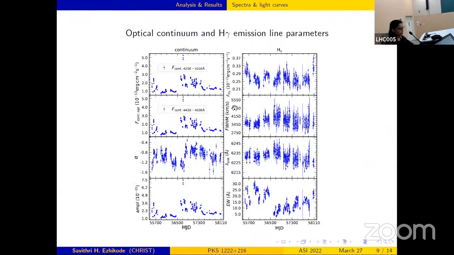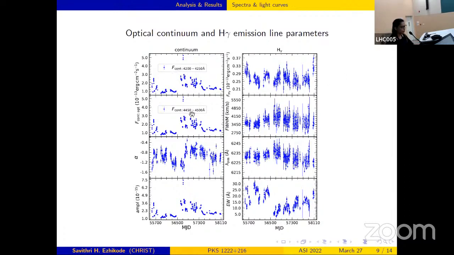And this is the light curve showing the best fit parameters for various spectra. The left panel shows the flux and parameters for the optical continuum that is obtained from the power law model, and the right panel shows the H gamma emission line parameters.